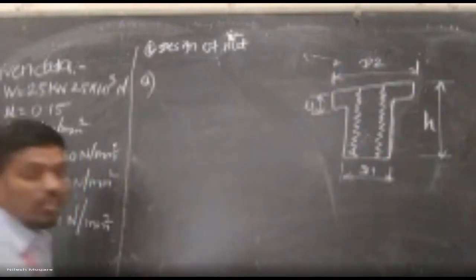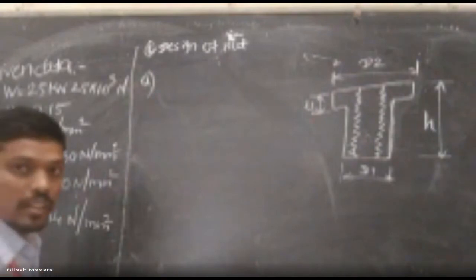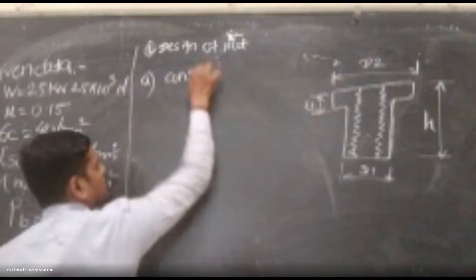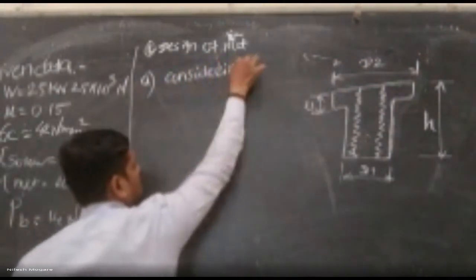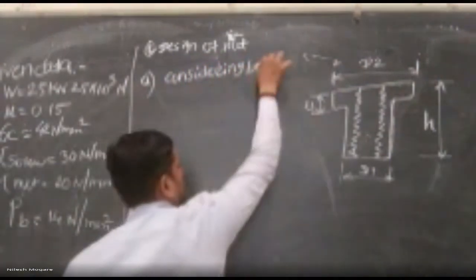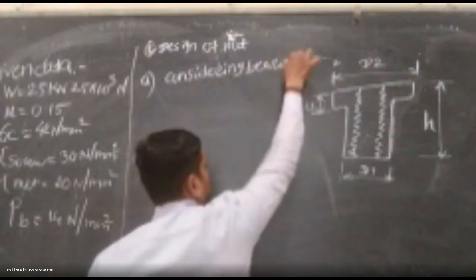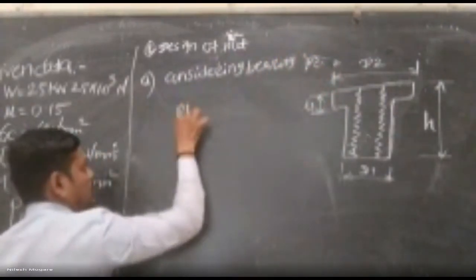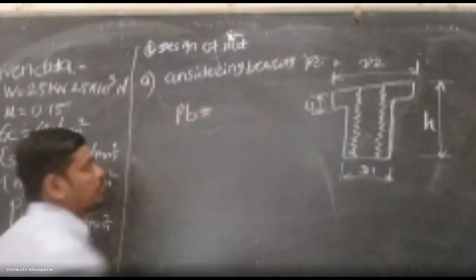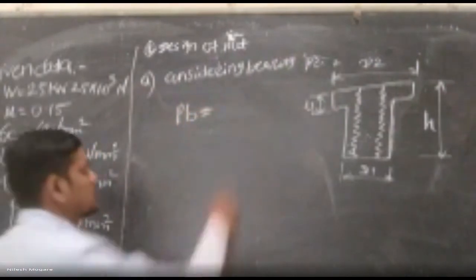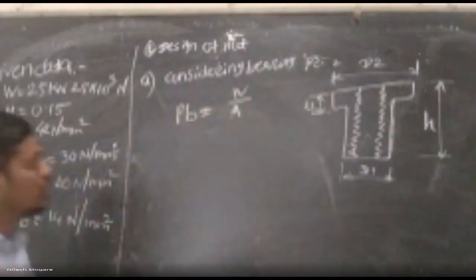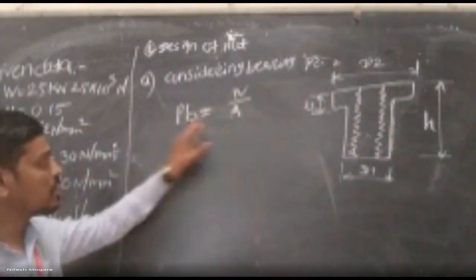For designing of nut, step number 1, that means considering bearing pressure. So bearing pressure formula, that is load upon area. Now here the area which comes under bearing pressure.